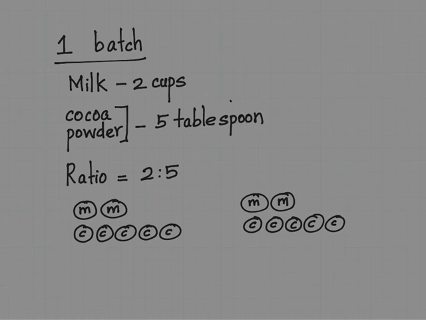Okay, now we are making chocolate milk. For one batch, we need 2 cups of milk and 5 tablespoons of cocoa powder. So the ratio is, for every 2 cups of milk, we need 5 tablespoons of cocoa powder.